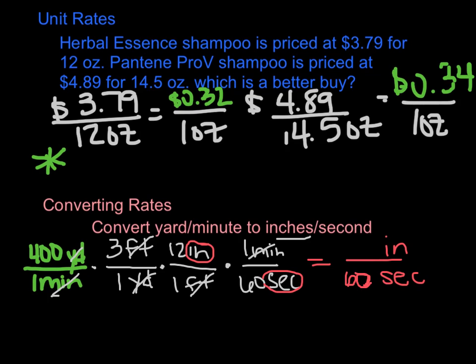On the top, when you multiply 400 times 12 times 3, you get 14,400. And then, of course, you would want to simplify that. So 14,400 divided by 60 is 240. So you get 240 inches per second.